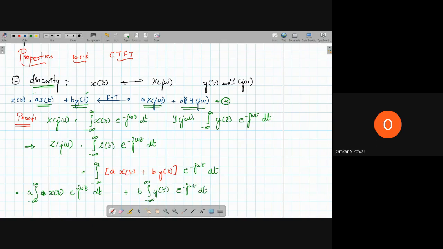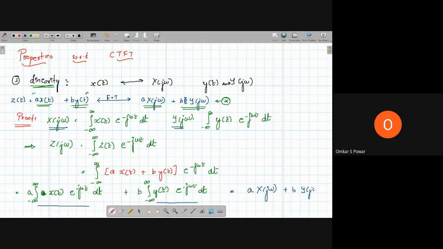Now if you observe properly, integral minus infinity to infinity x of t e power minus j omega t dt is nothing but X of j omega, and the integral of y of t e power minus j omega t dt is nothing but Y of j omega. So you can simplify this as a into X of j omega plus b into Y of j omega.